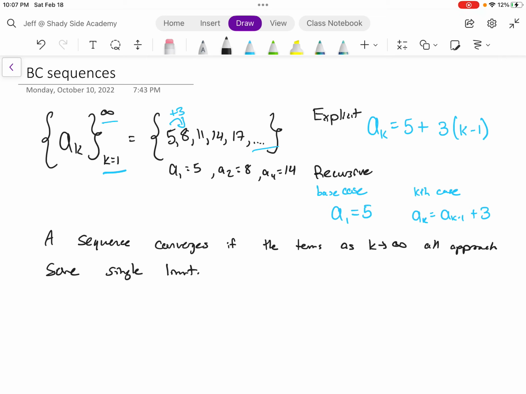But if I had a sequence defined by a sub k equals 1 over k, that infinite sequence would be 1 over 1, 1 over 2, 1 over 3, 1 over 4, and so on. This would converge, going to 0, because every term would approach 0 as k got arbitrarily large.